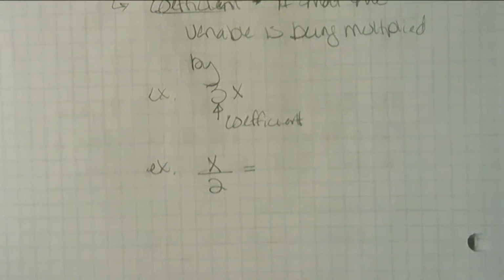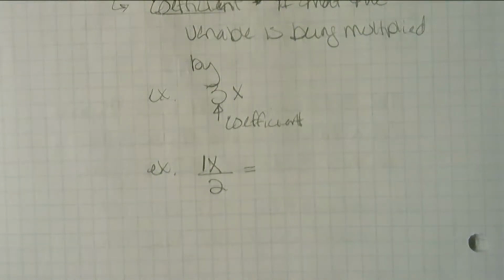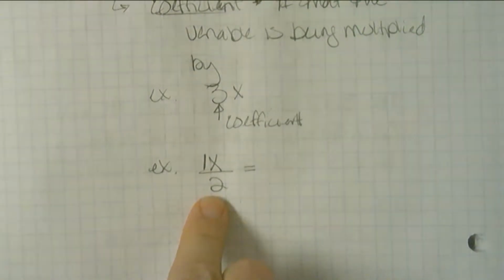It's not 2. AJ? Remember, what are we multiplying that x by to get that? Not 2 over 1. Is there a 1 right here? So what are we actually multiplying our variable by? How can I rewrite this showing a coefficient?